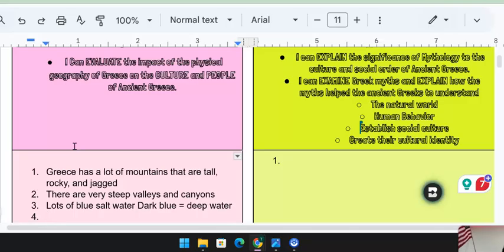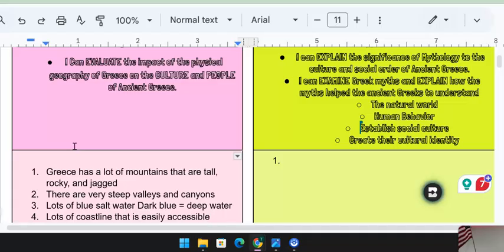Lots of coastline that is easily accessible. Okay? If you've got lots of coastline that's easy to get to, how is that going to affect the way that you live, work, and move? That's a very good one.